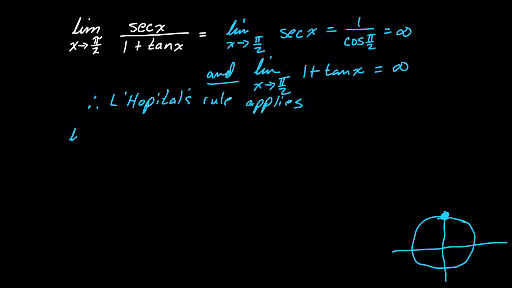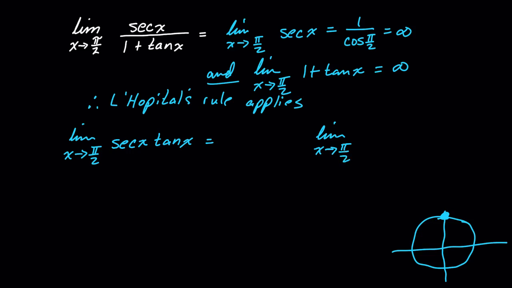And so that's going to give us the limit as x approaches pi over 2 of the derivative of the numerator, which is secant x tangent x, and the limit as x approaches pi over 2 of the denominator.